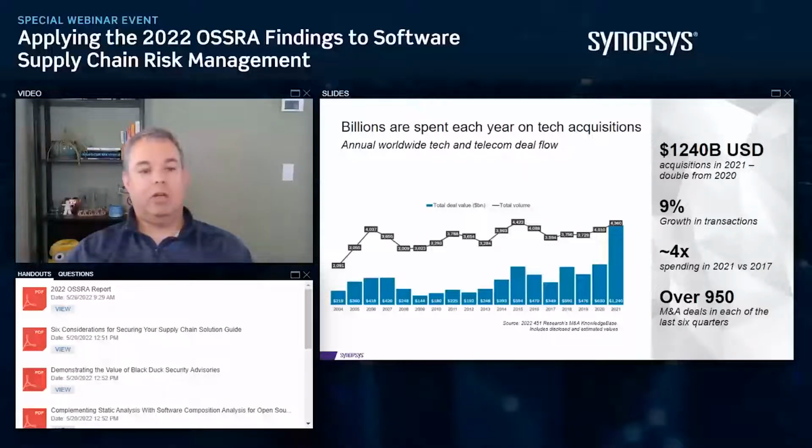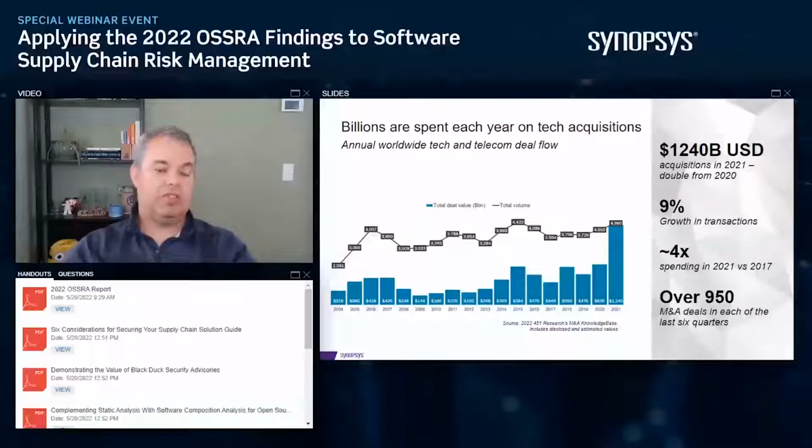So last year, there was a total of, let's call it, $1.25 trillion in M&A activity in the tech and telecom space. That was about a 9% growth in the transactions. But when you look at the overall spending, that's up about 4x from just a couple of years ago.